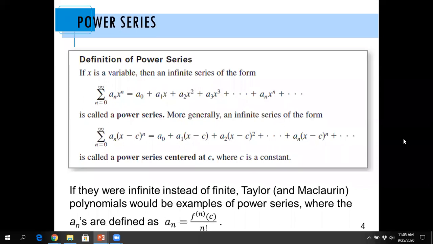Again, this should not be a shock from what we were talking about with Taylor and Maclaurin polynomials. The only difference is we just don't ever stop, yeah? We just keep going. And we build a so-called power series in the same way. And even the formula itself is the same, right?